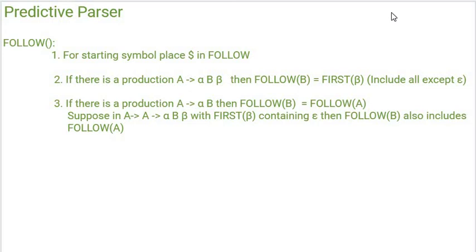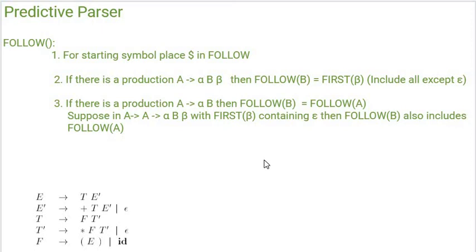Suppose if first of beta doesn't contain epsilon in it, then whatever we got for first of beta will be follow of B. In case first of beta contains an epsilon symbol in it, then follow of B will be first of beta except epsilon. In addition to those symbols, we have to also include follow of A in follow of B. Okay, so that is the third rule.